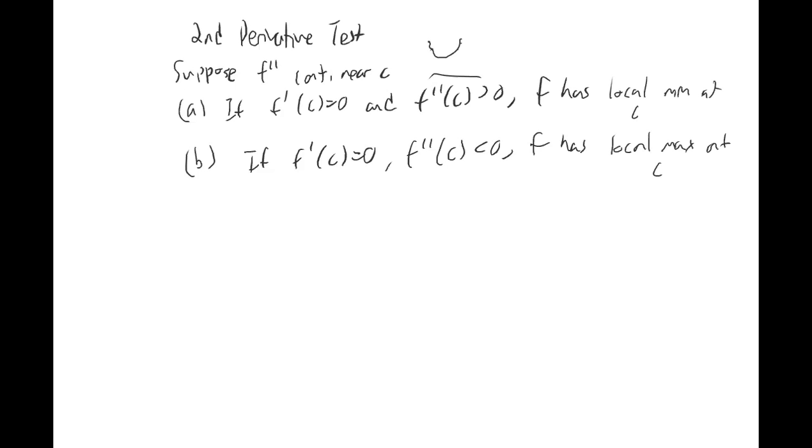But f prime of C being 0 tells me it has to be here, because the tangent line has to be flat. So this tells me where on the smiley face I am: at the very bottom. Same thing here: this tells me it's a frowny face, and this tells me I'm at the top. So I'm a local max.